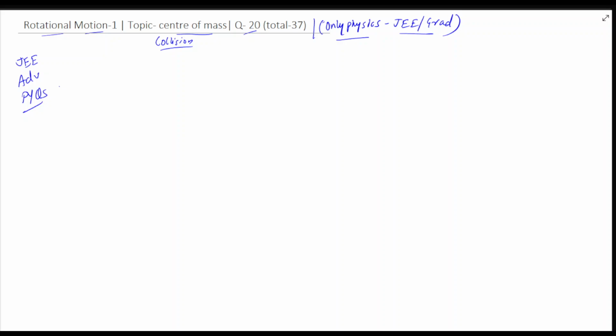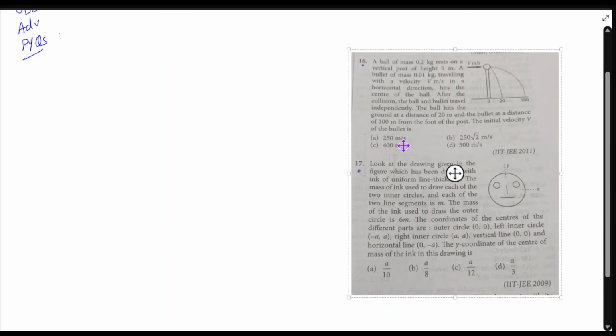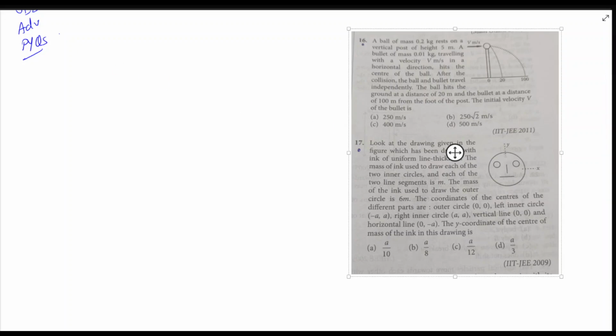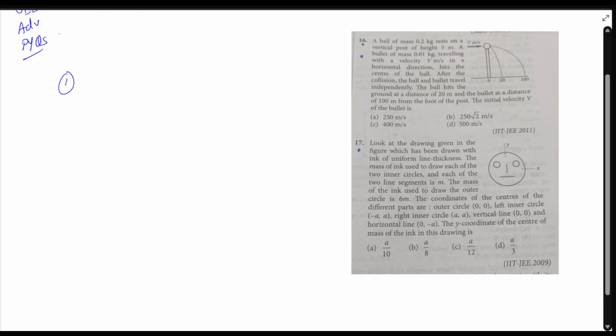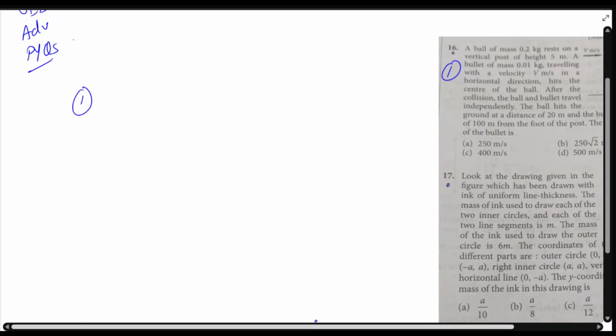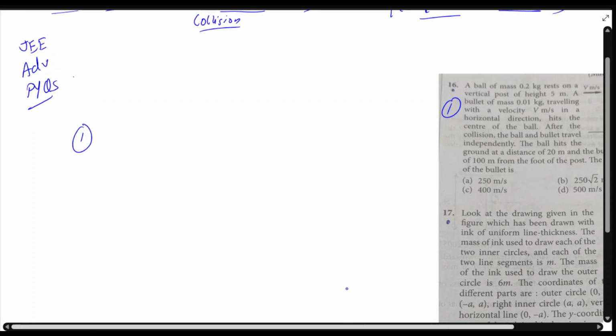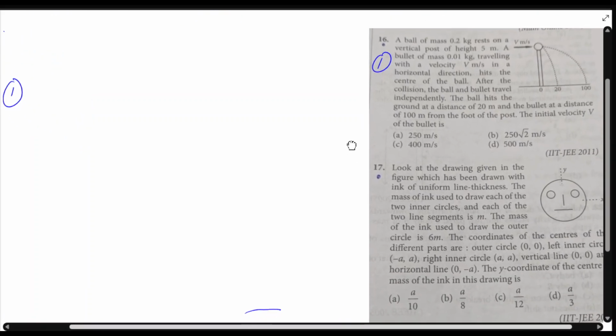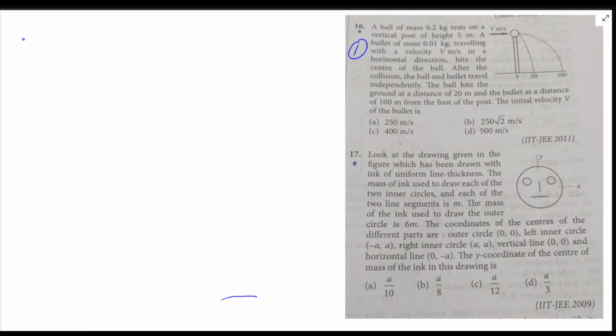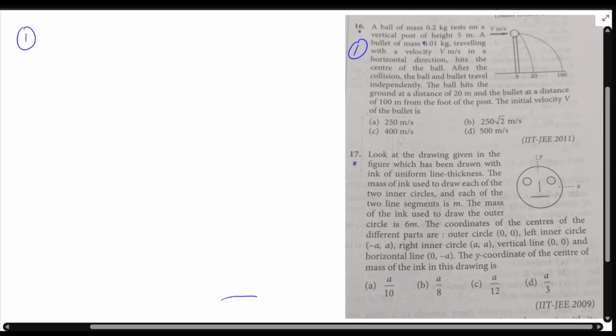So this will be our first question. Let me zoom in a bit. Okay, perfect. Now in this question we have a ball of mass 0.2 kg resting on a vertical post.